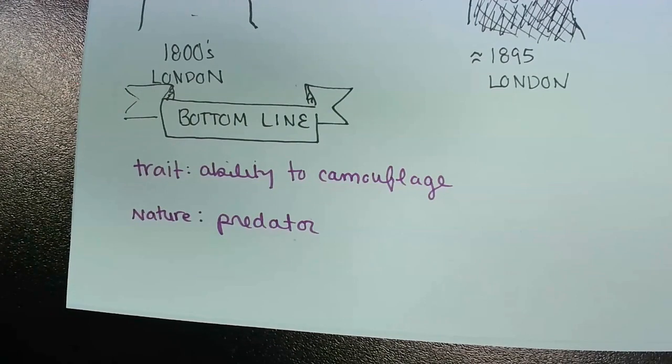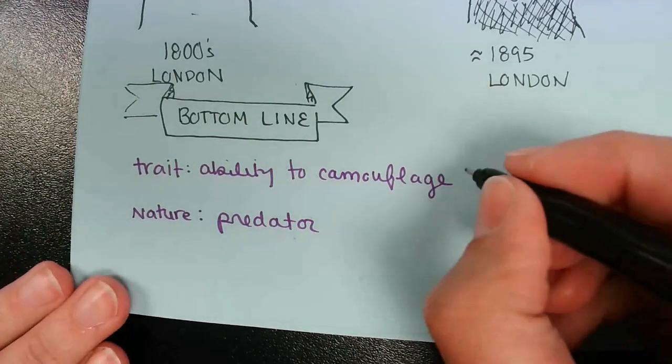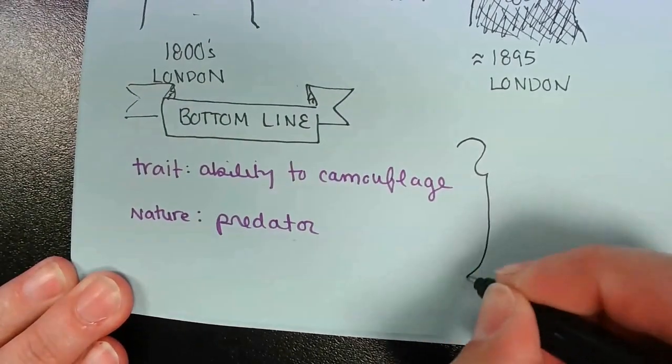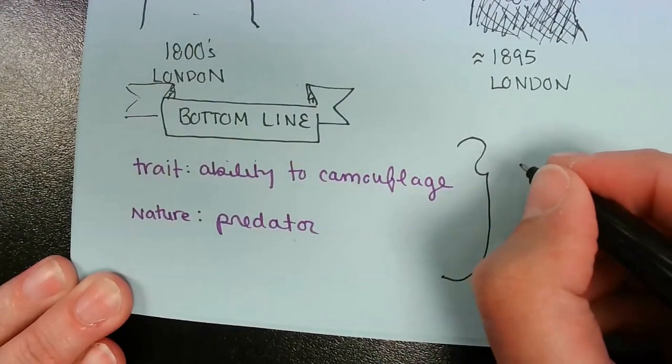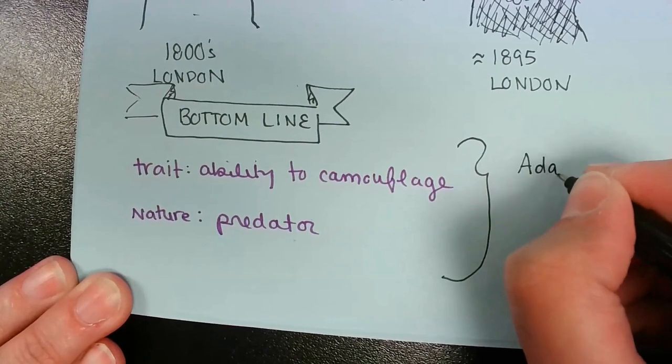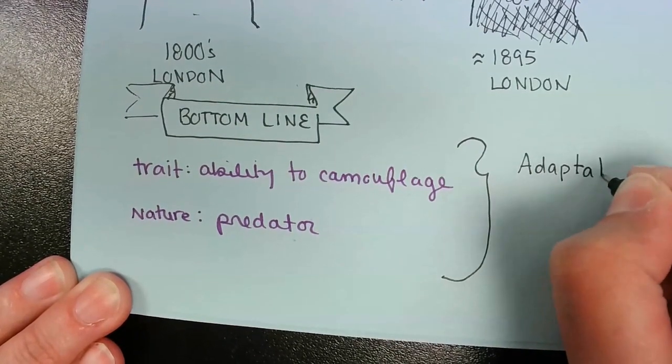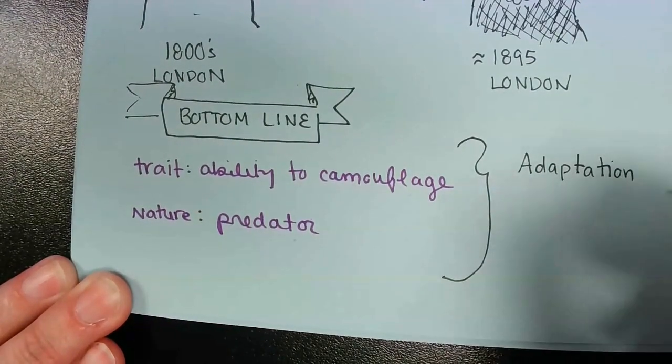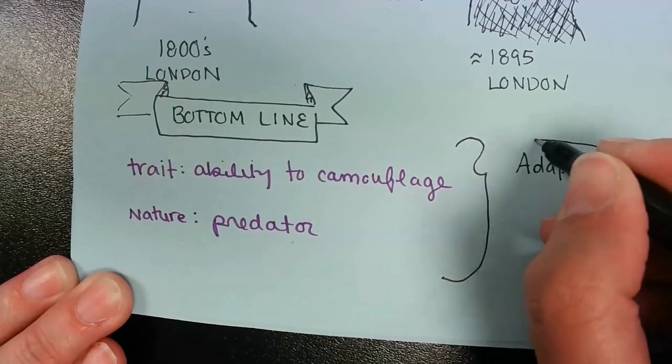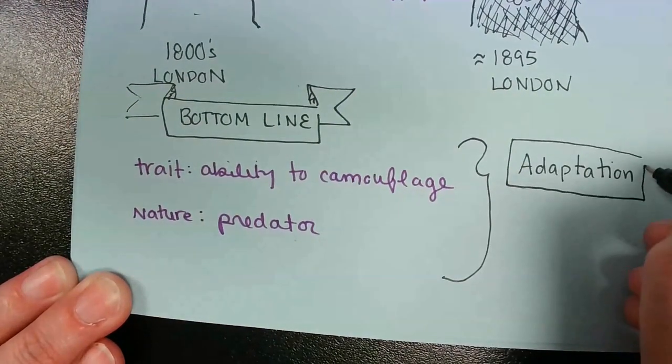So the last thing we talked about in class was that all of natural selection is dependent on an organism's ability of adaptation. Okay, I'm going to put a box around it because it's an important term.